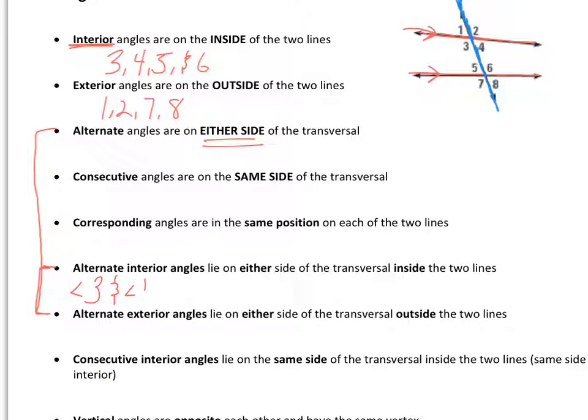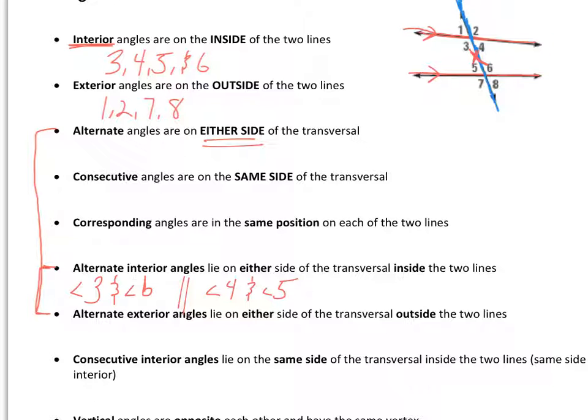Now that's just one pair of my alternate interior angles. I still have two more angles, that would be angle 4 and angle 5. Those are alternate interiors as well. So 4 and 5, 3 and 6.